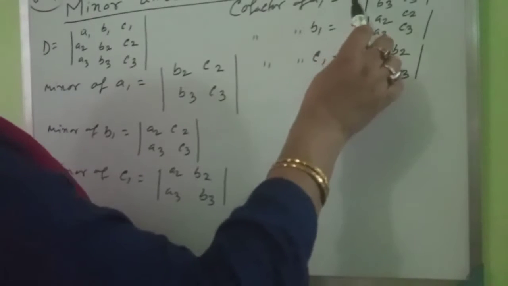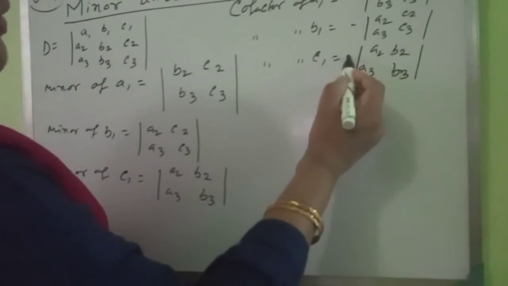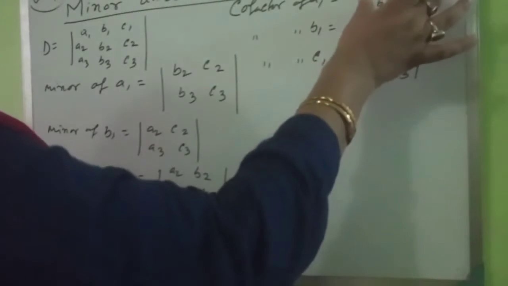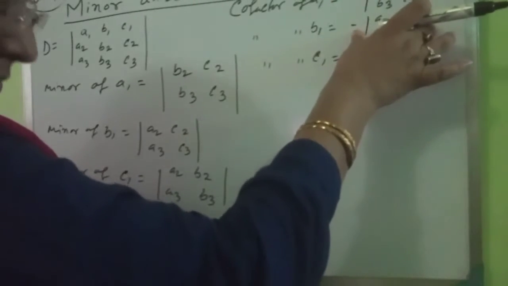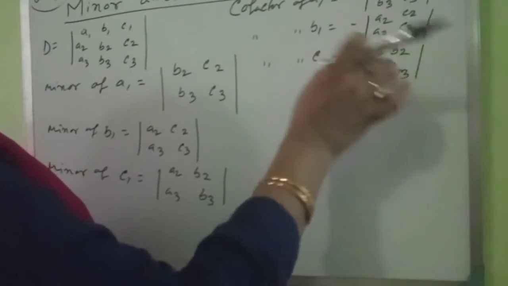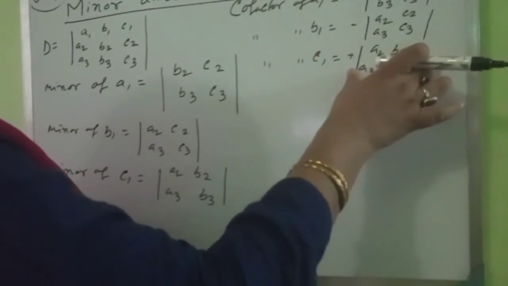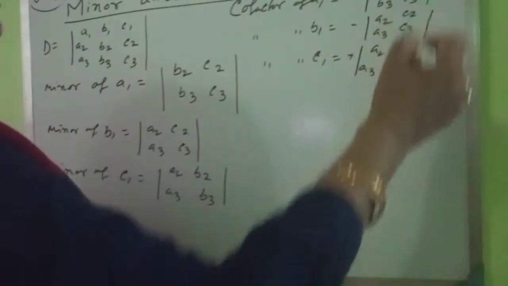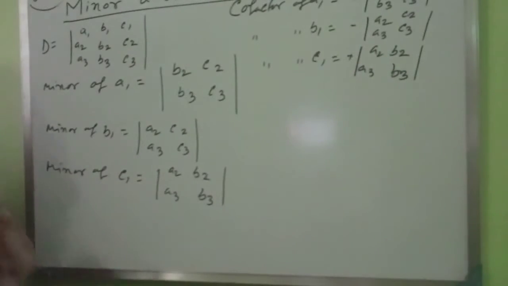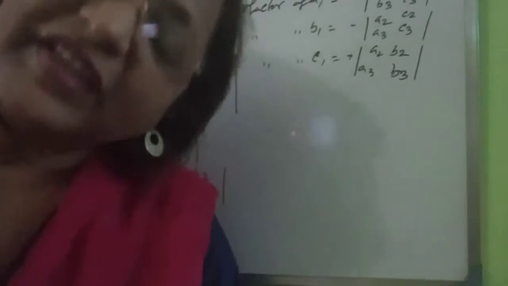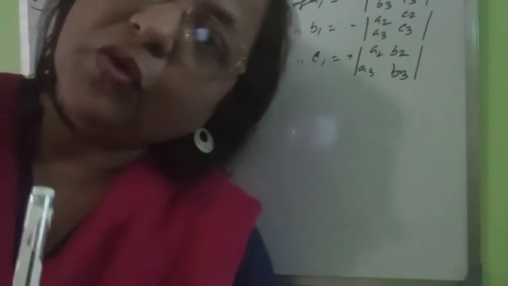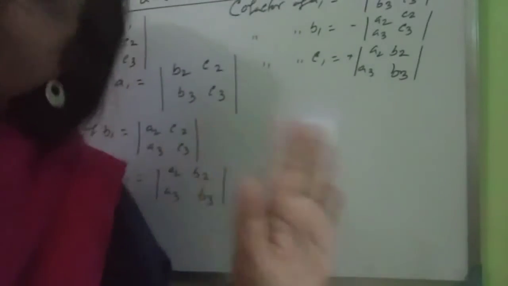So plus of this minor, minus of the minor of the element B1, and then plus of the minor of C1. So this shows the cofactor of the element. This is the minor and cofactor of each element; we can find the minor and cofactor for the determinant.